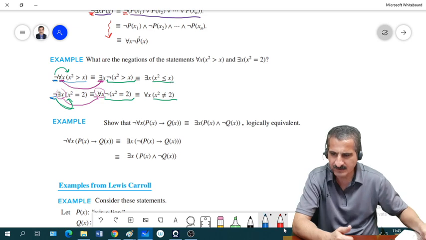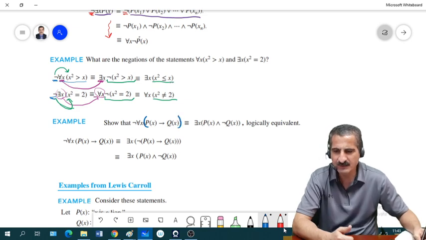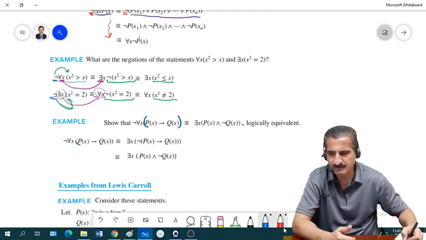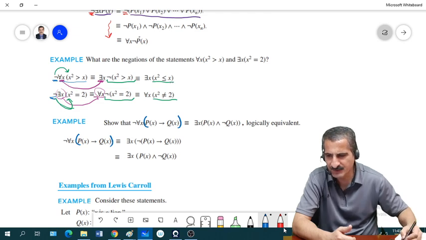Here let us prove that the negation of this part equals this. We start with it here. Again, what we do is move the negation to the inside here.